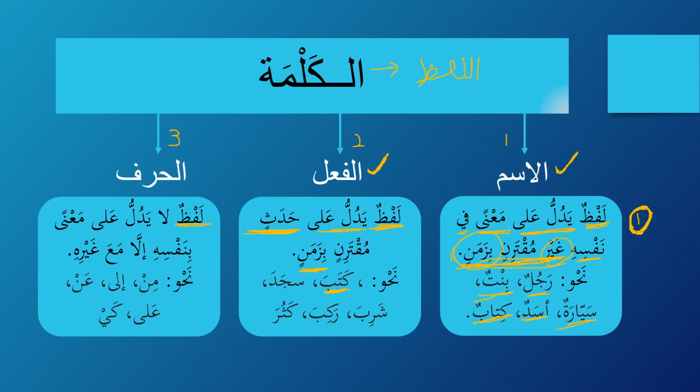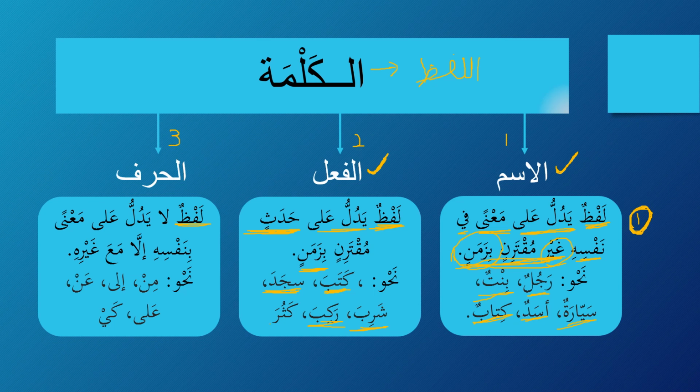So kataba, we have sajada. The person makes sujud, understand? So sheriba, to drink. So he drank now. He's referring to the past. Also rakiba, he climbed, referring to the past.